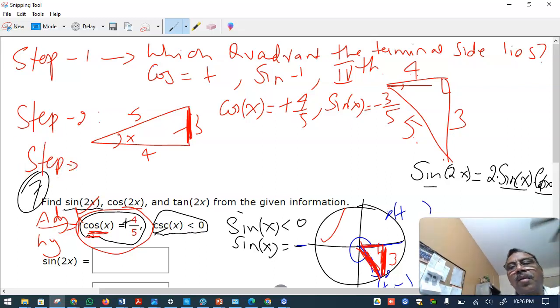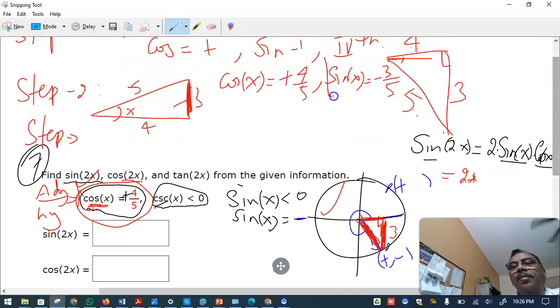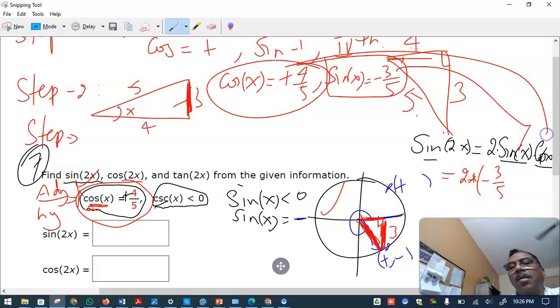So sine 2x is, here it is, I already wrote here. This is 2 times sine x, which is minus 3 over 5, times cosine, which is right here, plus 4 over 5. You can see that 2 times 3 times 4 is 24, so minus 24 over 25.